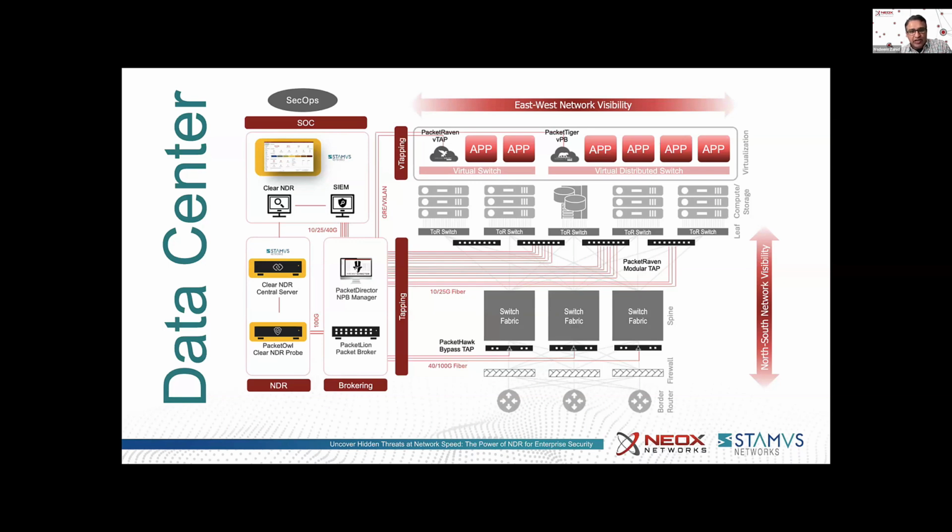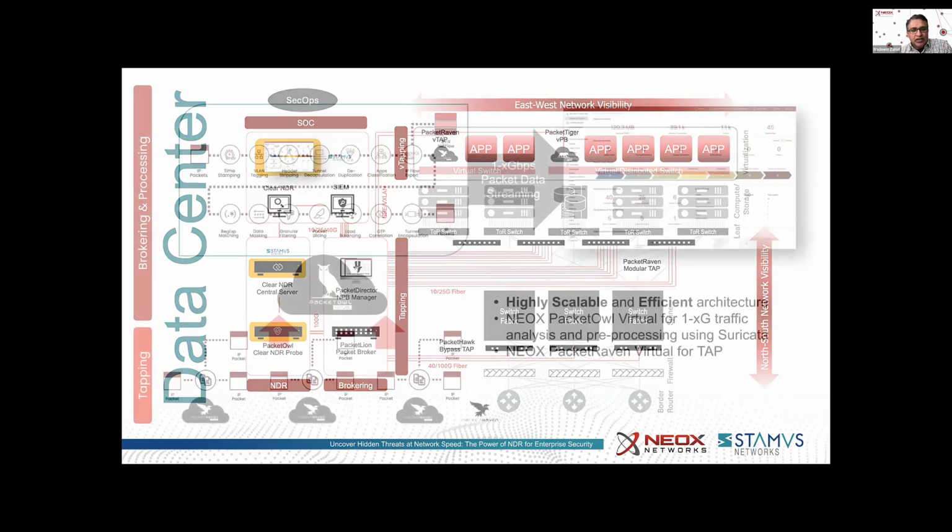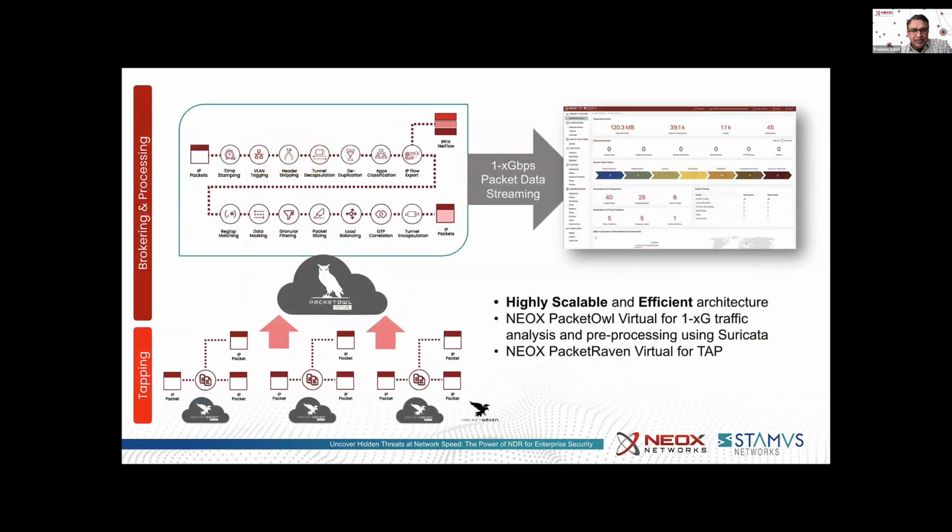You can have our modular taps looking at the east-west traffic, feeding all that to the left, where the visibility overlay architecture gets built into a Packet Line packet broker that aggregates it, feeding then into the Packet Owl NDR probe, and then into the Stamos NDR server, from where it goes to the SOC level where all the observability is happening. Next slide. And the same thing pretty much happens in the cloud.